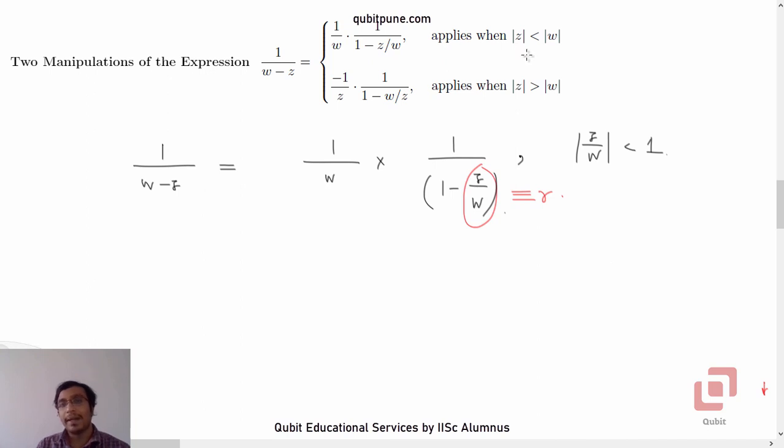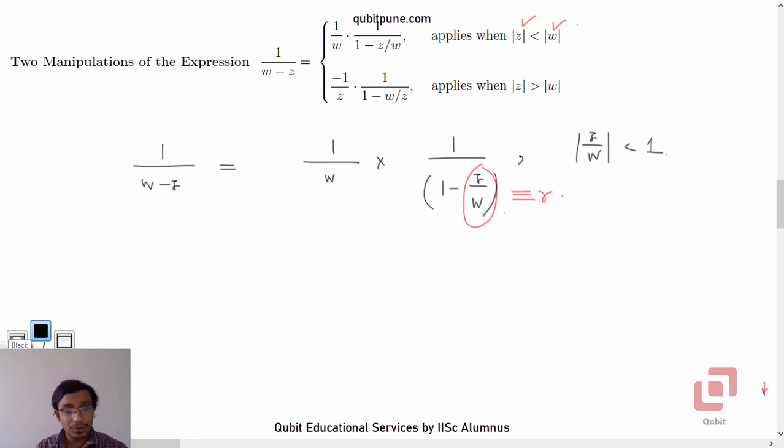So when the modulus of z is less than the modulus of w, this expression can be associated with a convergent geometric series. This means z has to be closer to the origin than w.